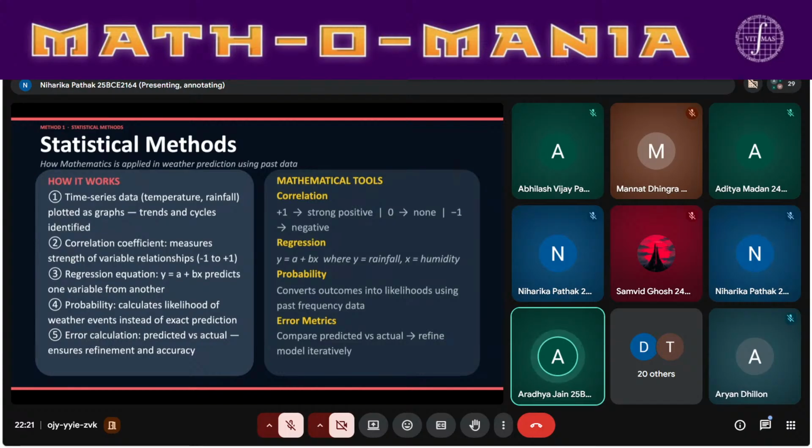The predicted data and the actual data are compared, and then this is refined to build a better model. Now, although we have been using past data, the error calculation is not that accurate, which we'll be talking about later, like what are the disadvantages and advantages. So let's move on to the next slide.